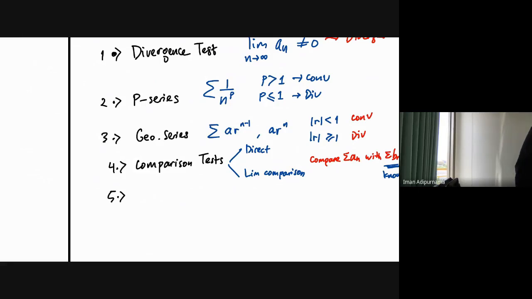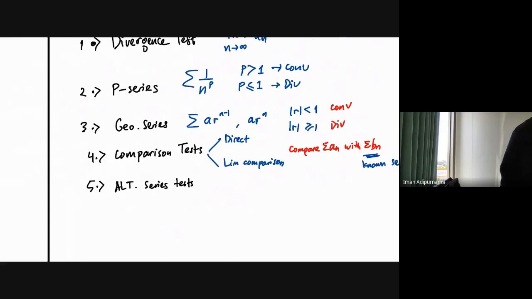And 5, the alternating series. If the form has the negative 1 to the n or negative 1 and minus 1. Or let me write completely.